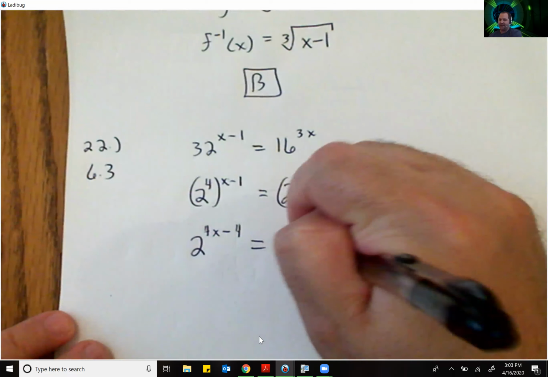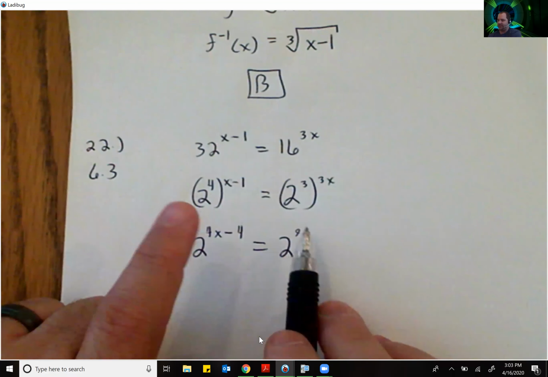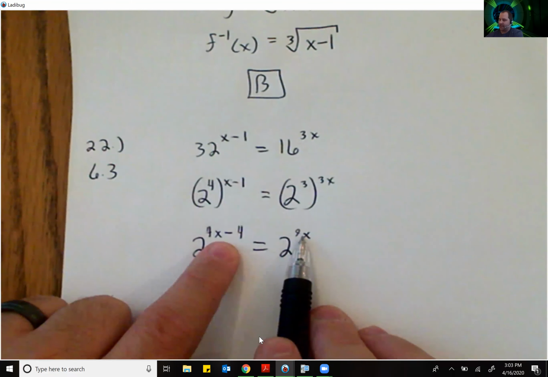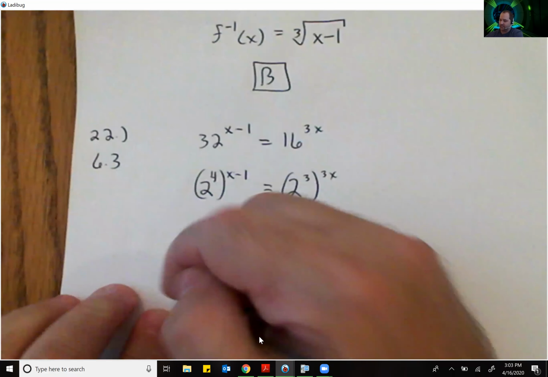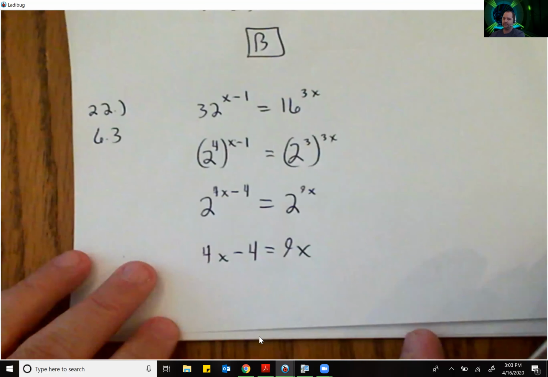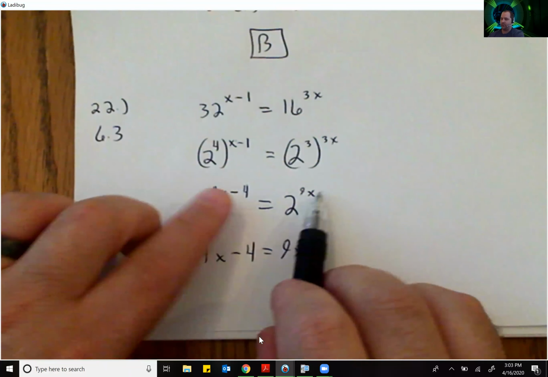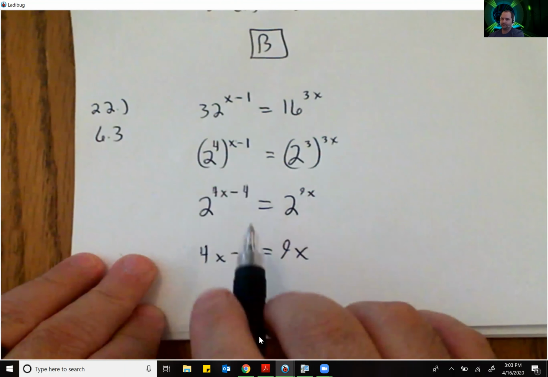Since these bases are the same, that means the powers have to be the same. So all we got to do is set them equal to each other, and we can solve. Because the bases are the same, the powers have to be the same.